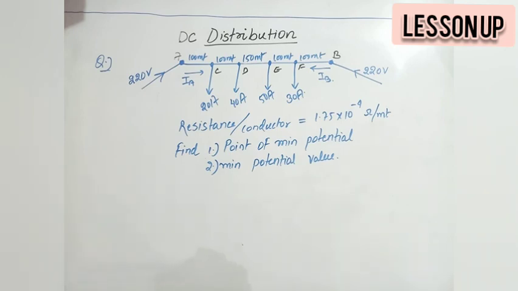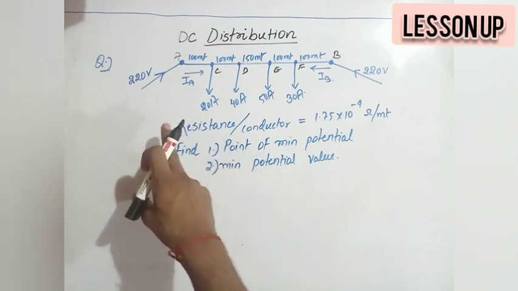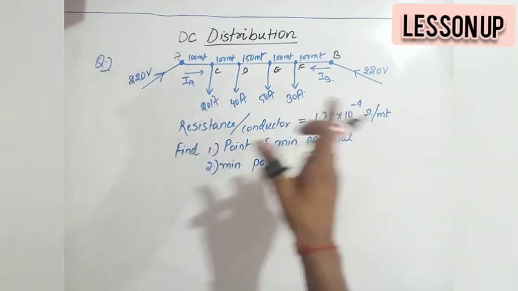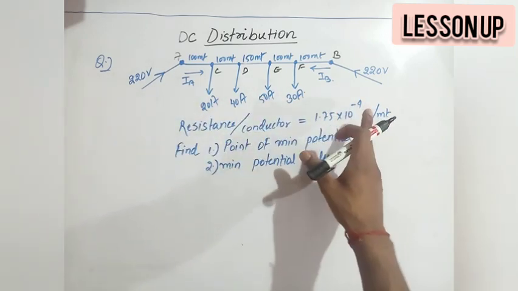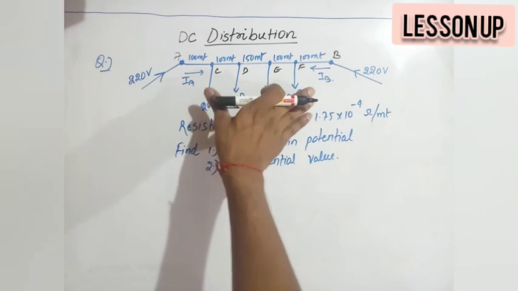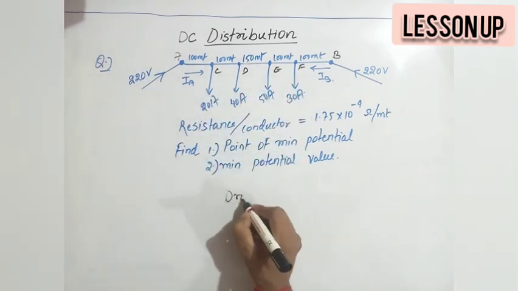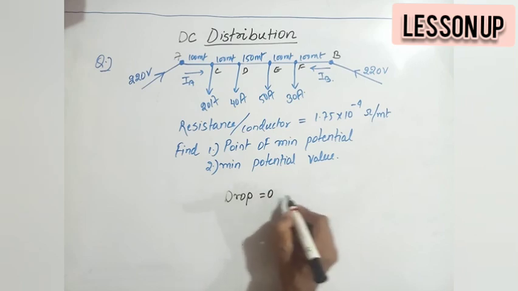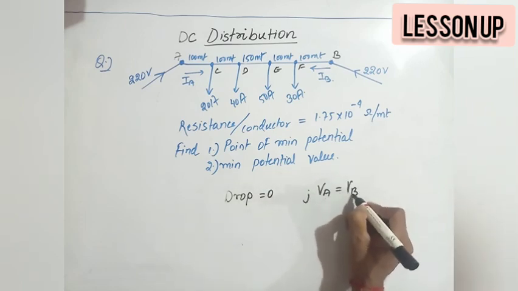As we all know, when a distributor gets supply from both ends, and if the supply is equal, then the voltage drop between the ends will be equal to 0, because VA is equal to VB.